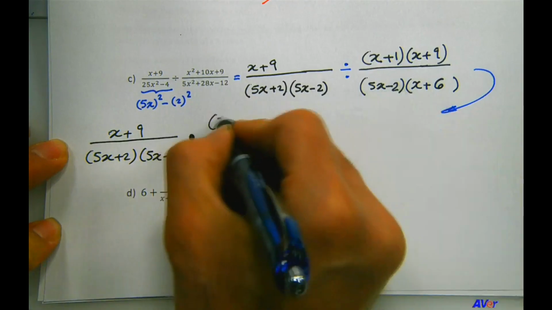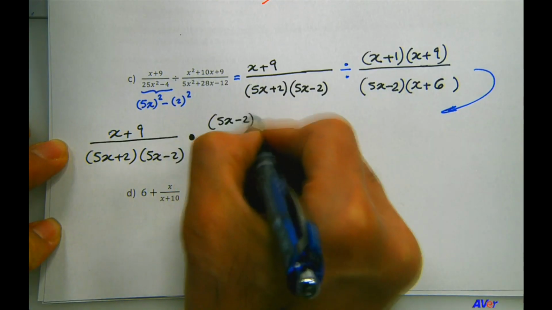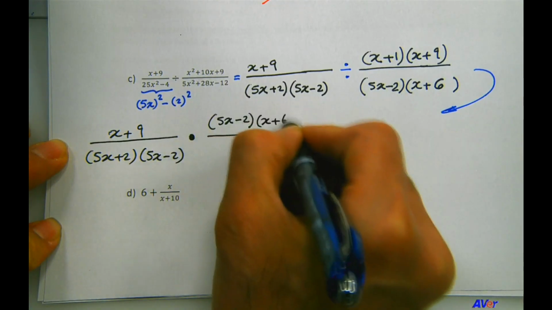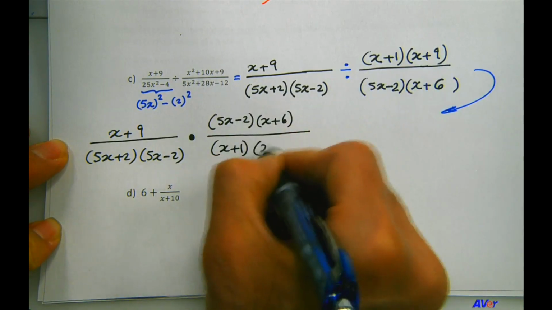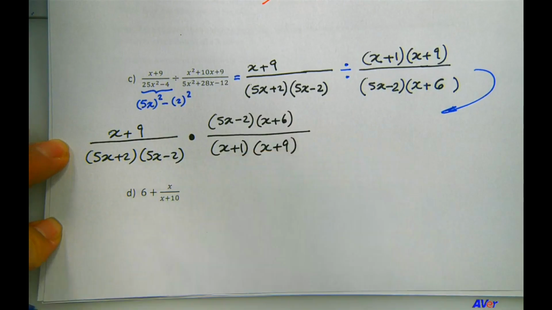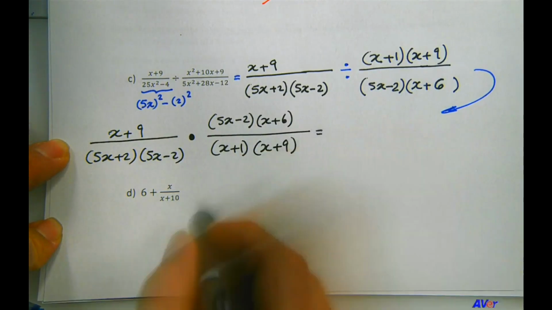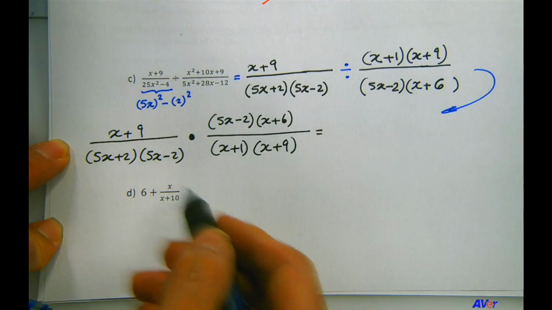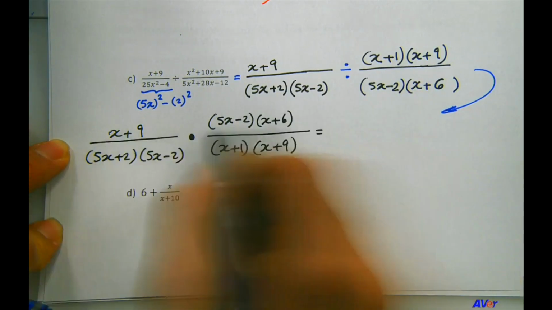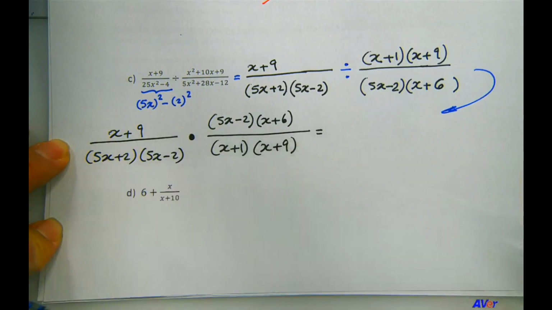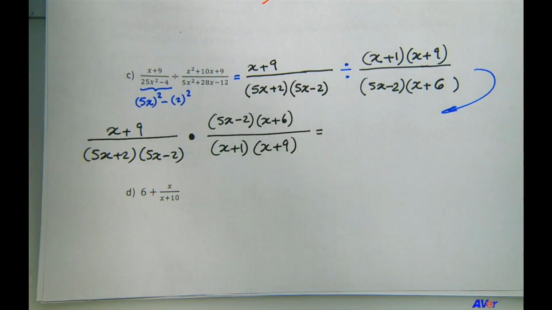So we have (5x minus 2) times (x plus 6) divided by (x plus 1) times (x plus 9). You could simplify now, but if you prefer, you can multiply these things across and then simplify. Either way is fine, but we can simplify now.